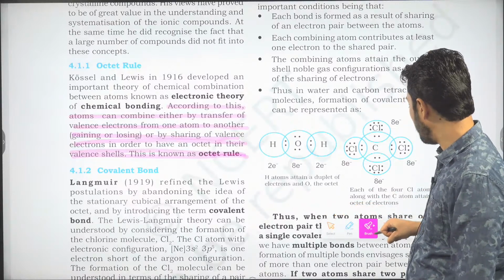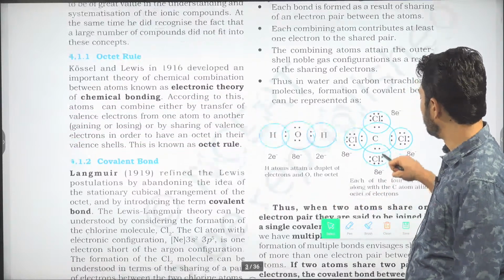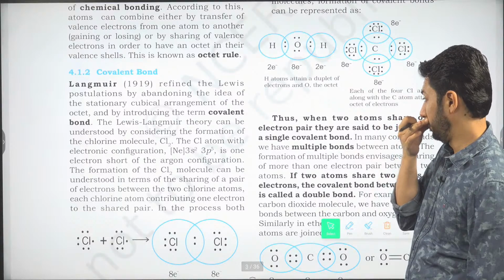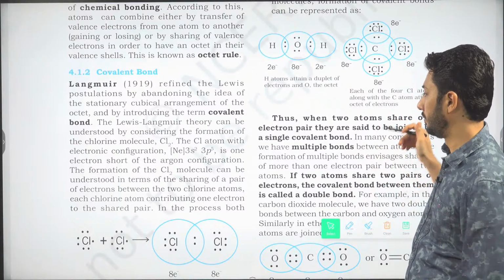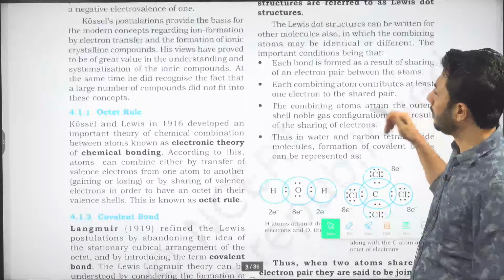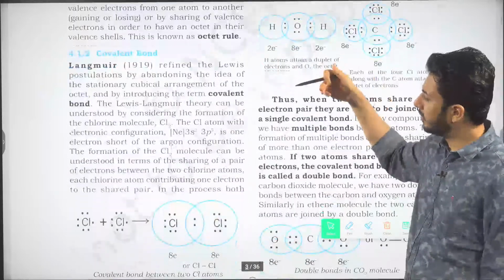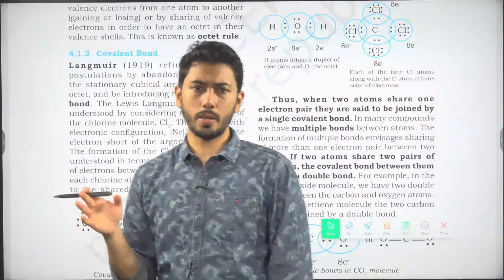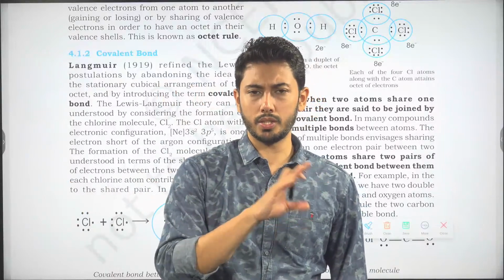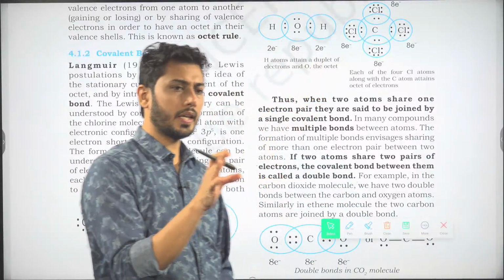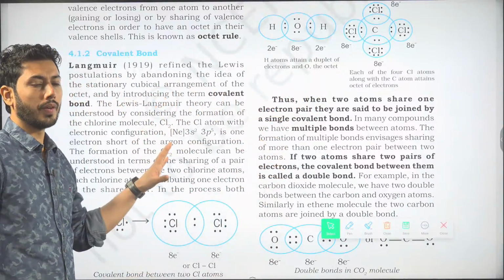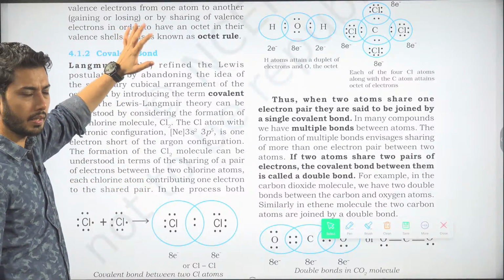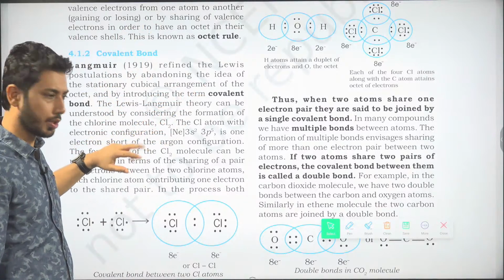Okay. Now, these examples, still read them, but no need to add any theoretical point from here. These are basic terms, no questions are asked from that, because in this chapter we already have important models: VBT, VSEPR, hybridization, MOT. Questions are framed from those, but still you will not leave reading any line. That's the purpose. So you will still read covalent bond, octet rule, and the slightly relevant part, the limitations.